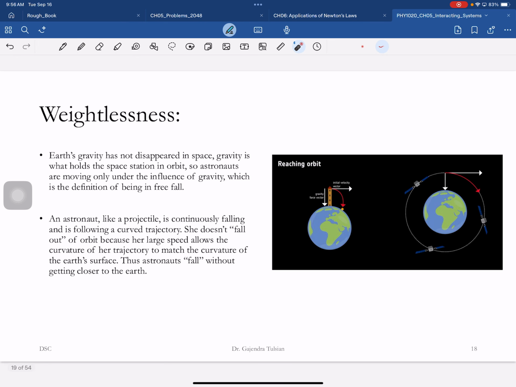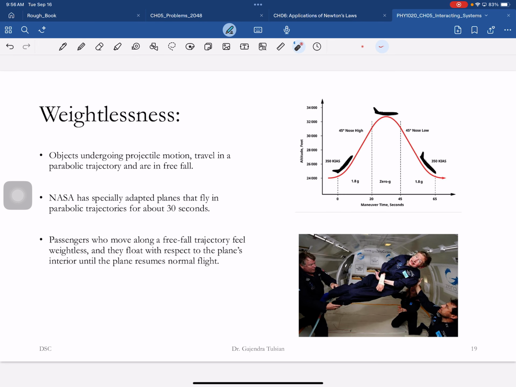Yes, so here's what our friend just said. If you go on a parabolic trajectory, like when you throw a baseball, an object that is free falling or moving only under the influence of gravity goes on this trajectory. So you can fly a plane on a trajectory like this, and as long as it's on a parabolic trajectory, you'd be weightless.